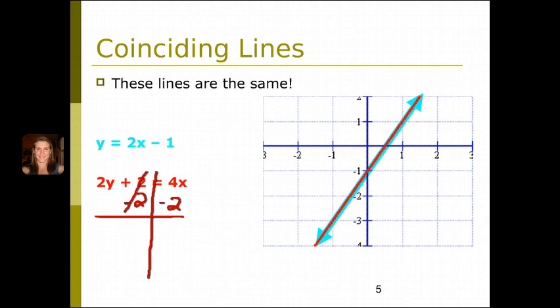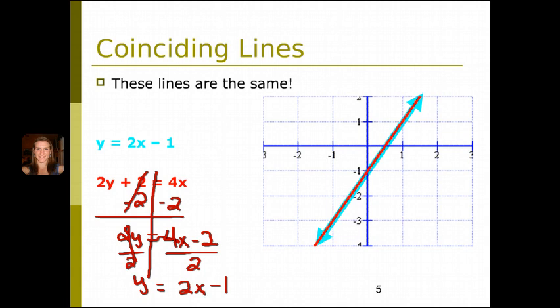Our 2s cancel, leaving us with 2y equals 4x minus 2. Divide both sides by 2, and you get that y equals 2x minus 1.